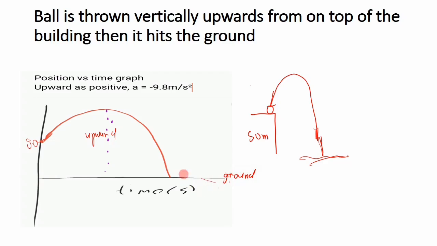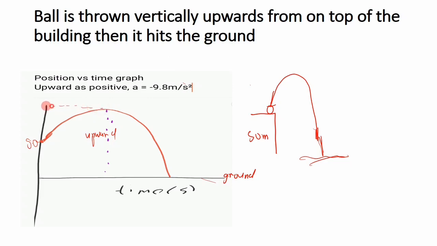So if they say take the ground as reference point, so this is being thrown from this height, 50 meters above the ground, and then it goes up. Let's say when it goes up, it reaches a maximum height of 55.